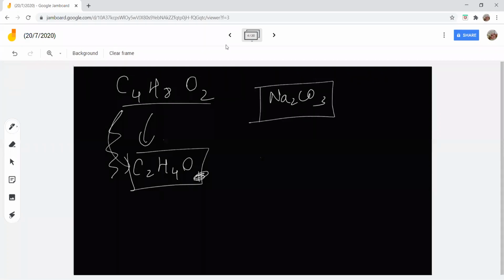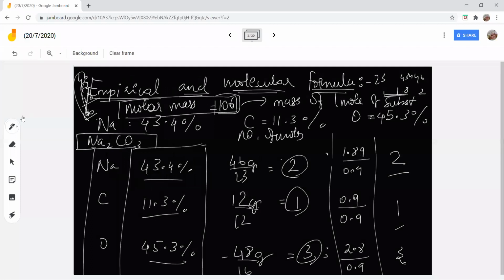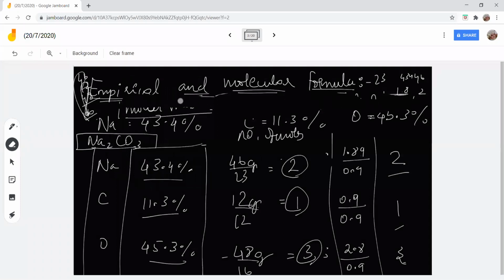You understand? But if I do not know what the molar mass is, I cannot find out the actual molecular formula, because I do not know the mass of 1 mole of that substance.